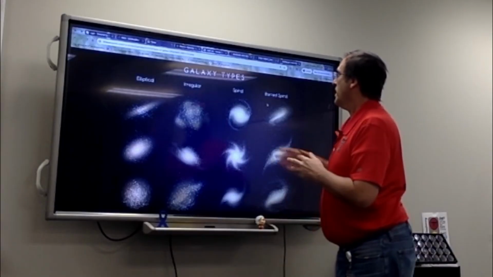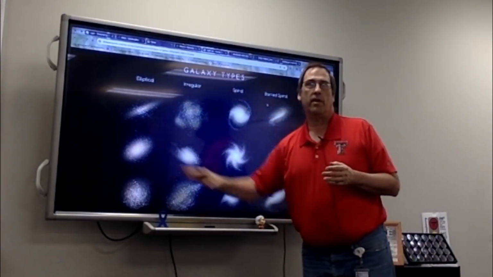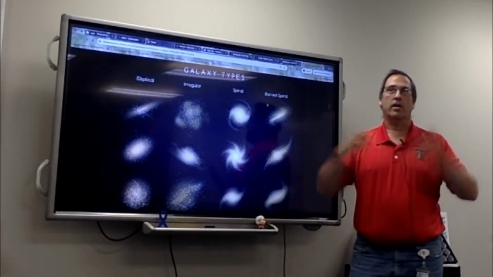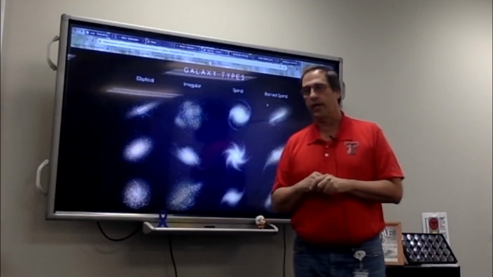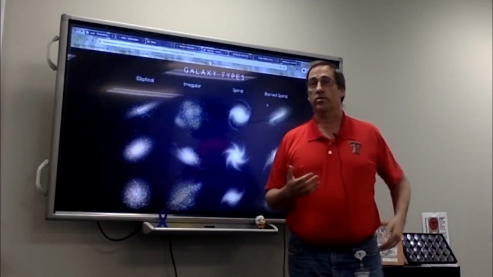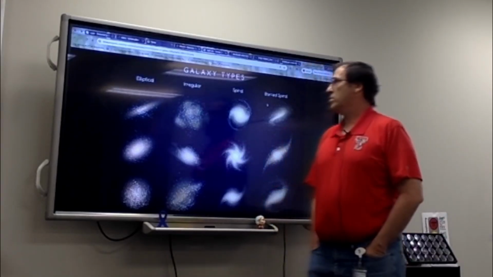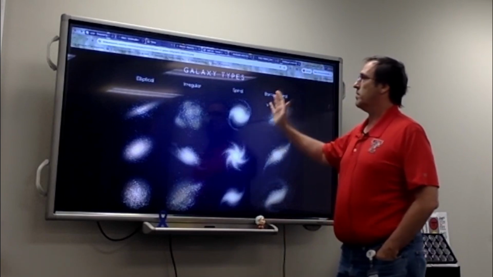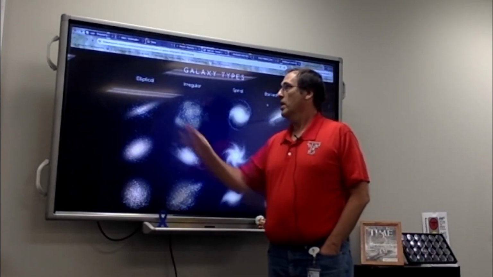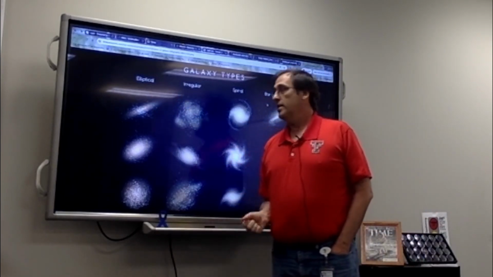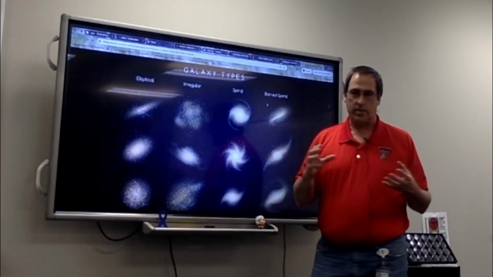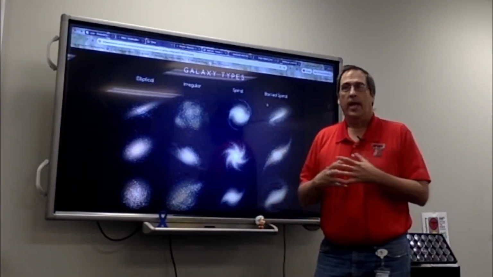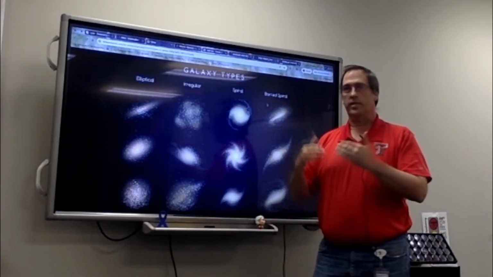All right, so right here are some different types of galaxies. As we've been able to image a lot of these galaxies, we realize that they have certain structures to them. A couple of different shapes have come out, and the most frequent is the elliptical galaxy. The elliptical galaxy is going to look a little bit like a blob, and they have different ratings on this.